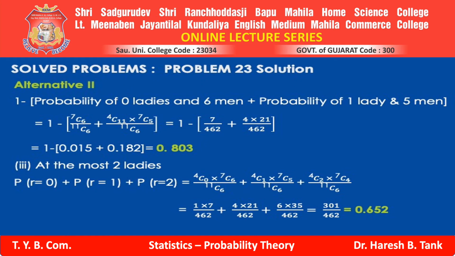All these three possibilities are being checked off and they are being summed up. Further simplifying it, it comes to 301 upon 462, which comes to 0.652. Is it clear? I hope it is clear.